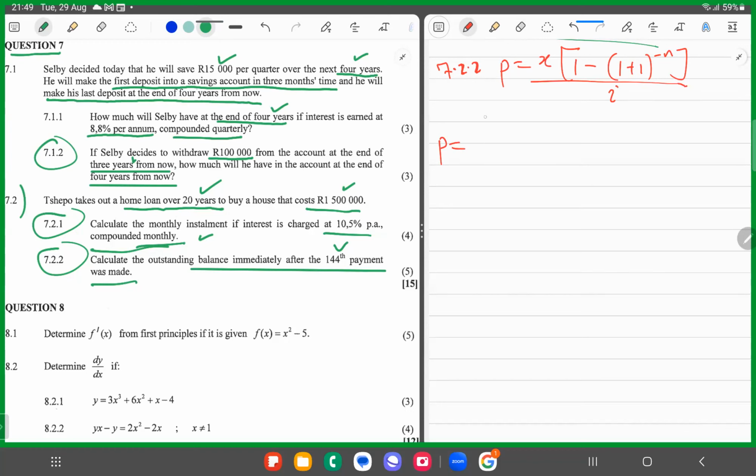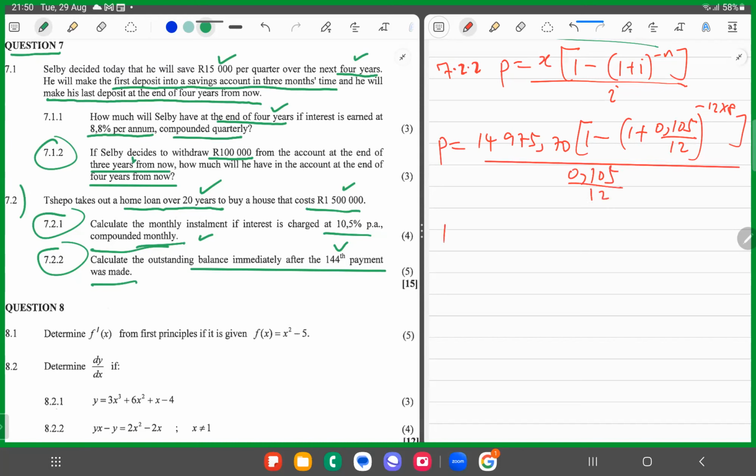The present value is 14,975.70 times 1 minus, to the minus 12 by 8, which is 0.105 divided by 12, which is 969,927.